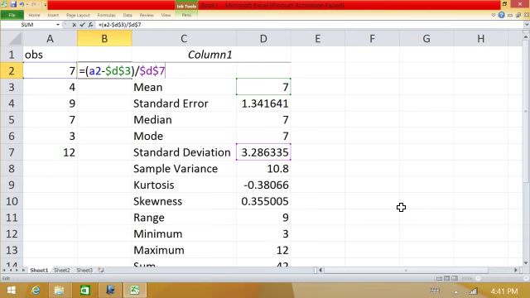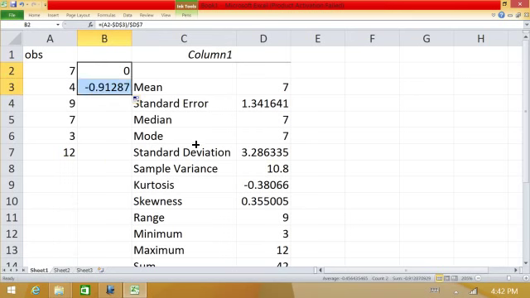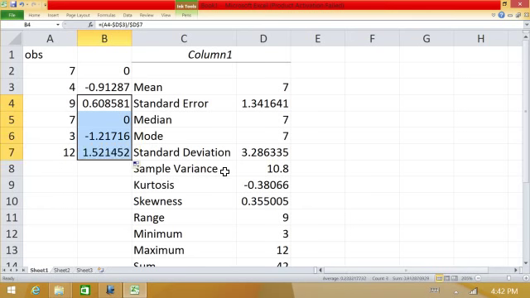Once we have done that, we enter, and all we need to do is go at the corner and scroll it down. So that's our z-score right here.